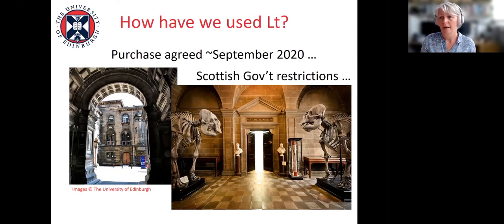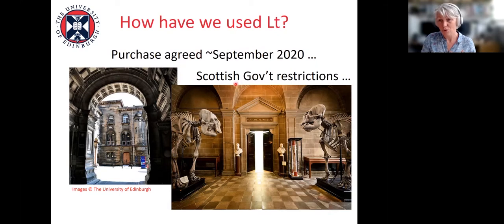We also have the added complication of dealing with government restrictions. We're not medical teaching, so we don't have the dispensations that are in place for supporting in-person medical teaching. We have to work with the government restrictions on social distancing, etc., in our very beautiful but very impractical real estate.